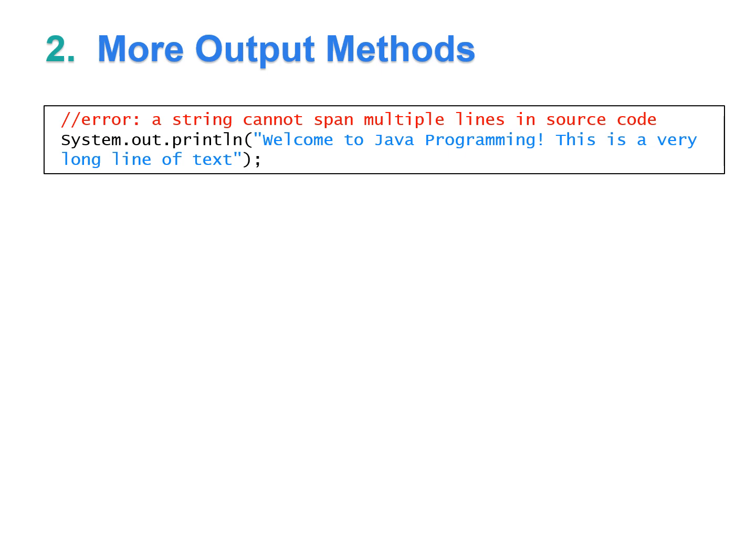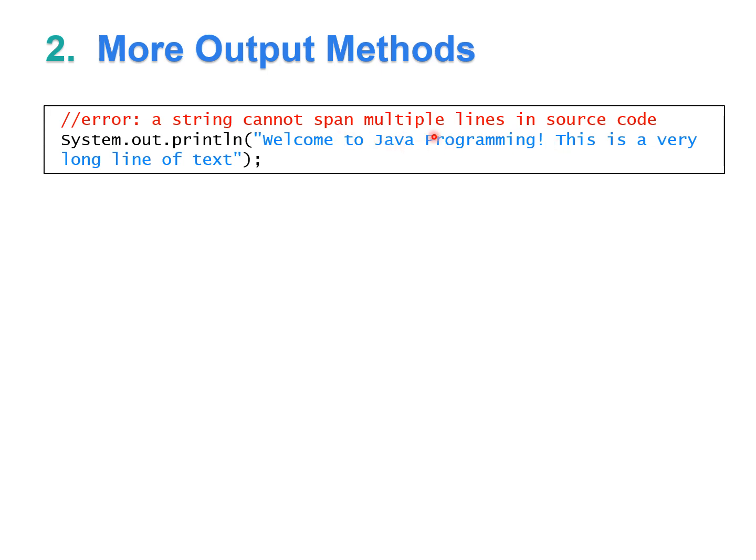Now we move to section 2 to explore more output methods. Recall that a string cannot span multiple lines of code. So if you want to print out a very long line of text with a single println statement, you could end up with a very long line of code that is hard to read.